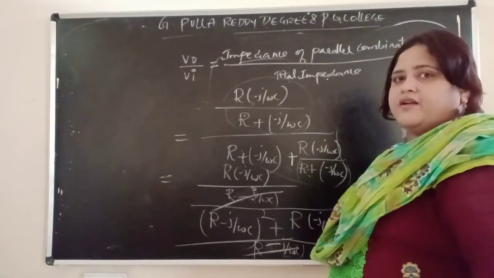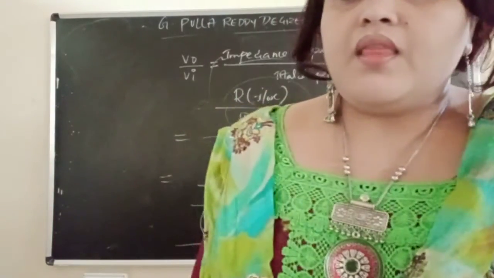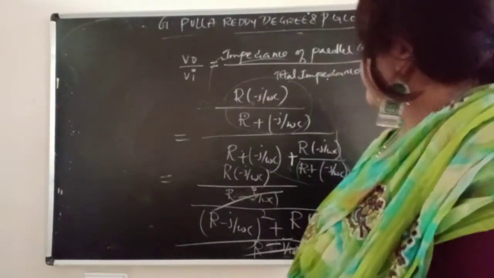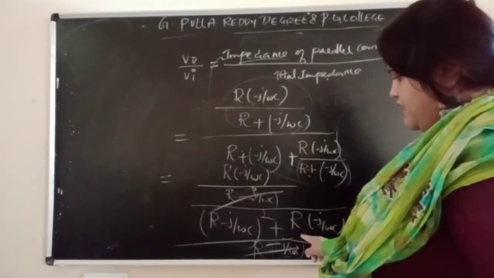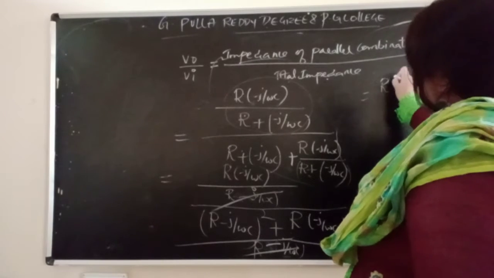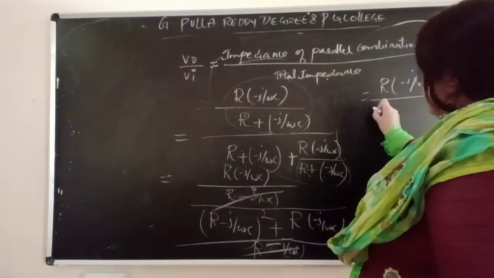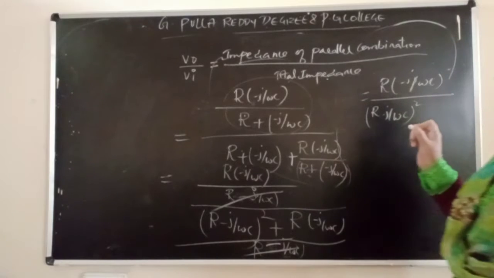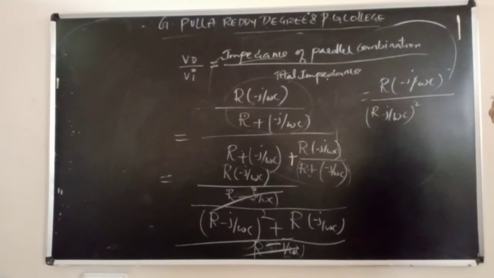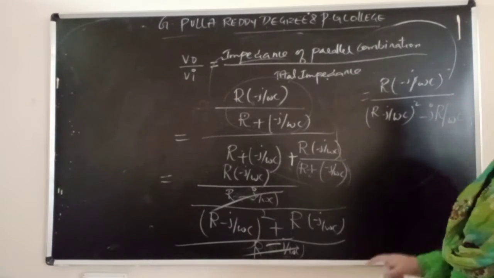So after cancelling, what will you get? Simply you will get this. See this formula: this and this is equal to minus j by omega C whole square, then minus j R by omega C. It is a multiplication now.